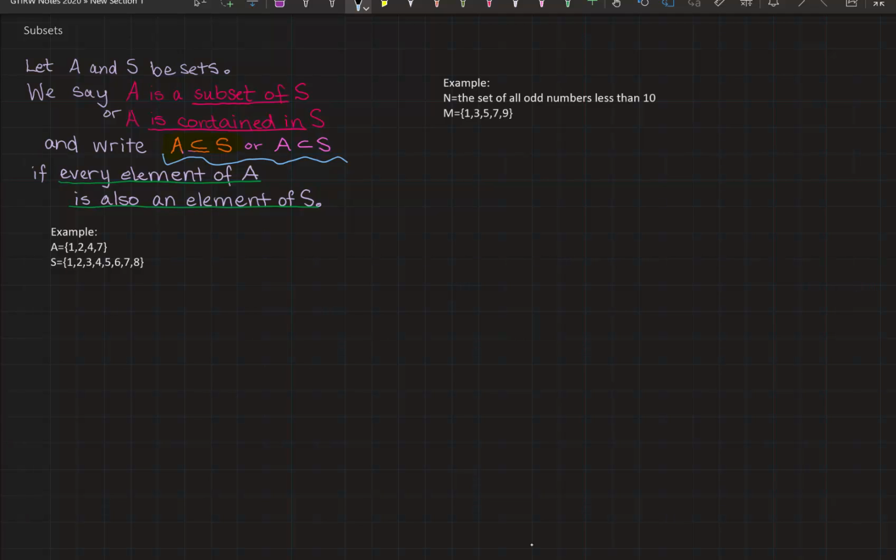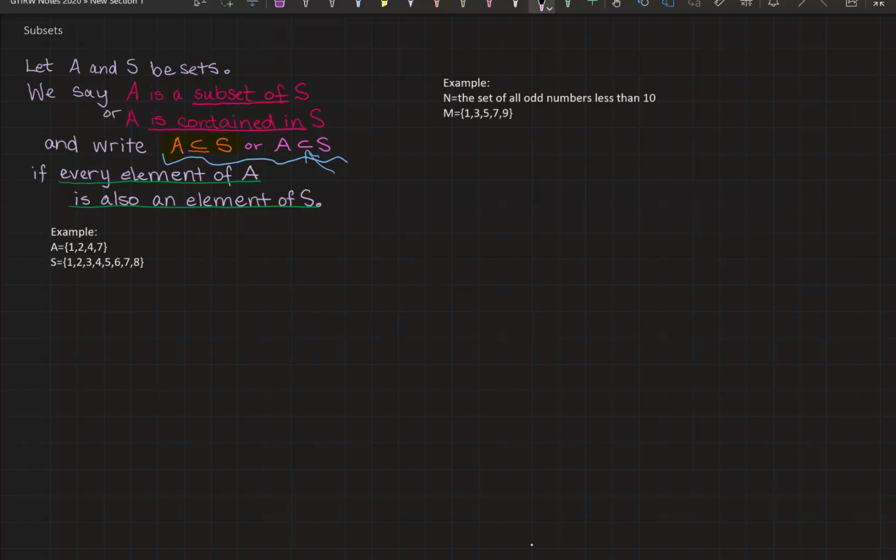But then other texts choose to just use the simpler A, C, S notation, so just the stretched out C. And depending on the convention, they may be trying to say that A is what's called a proper subset of S, meaning that A is actually only made up of less than everything that's in S. This S has something extra in it. So I will tend in this class to stick just to this simple notation and allow it to extend to both ideas. But you could see either if you're looking elsewhere.